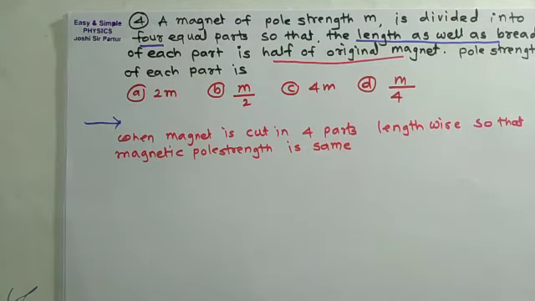Magnetic pole strength is same, is unchanged, is not variable.